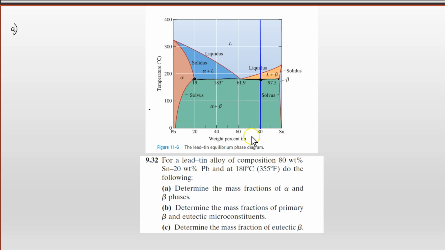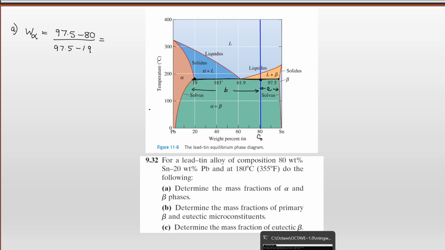The average composition is 80%. If I want the mass fraction of alpha, alpha's over here, so we need the length of this line. That is going to be 97.5 minus 80, which is the length of this lever, divided by the total length, which is 97.5 minus 19.